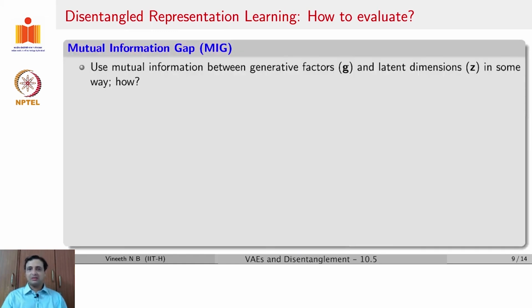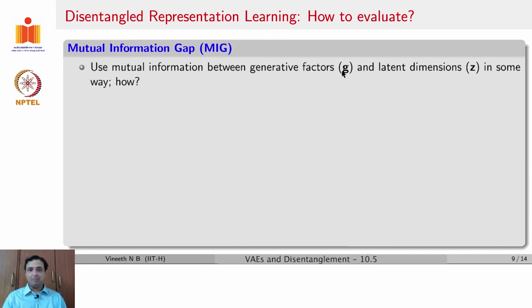One such metric that's been proposed in recent years is known as mutual information gap, MIG, where the idea is to use the mutual information between generative factors G and latent dimensions z in some way. What do we mean by generative factors? These are factors that we know exist in the data set.